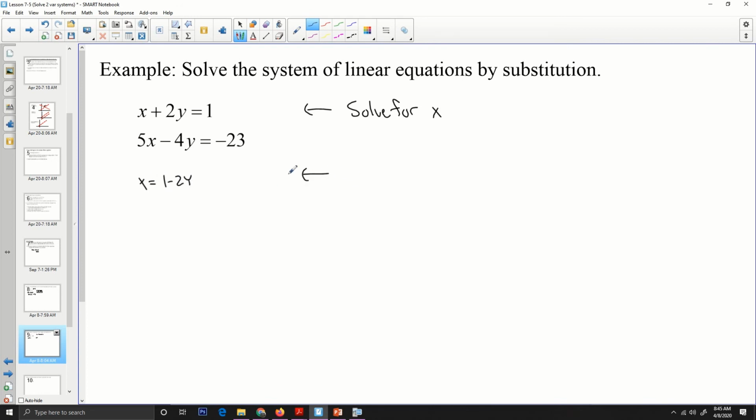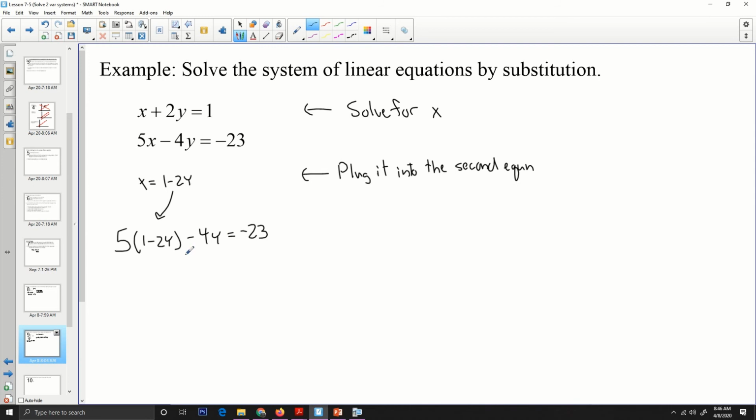And so here I'm going to take this new solution and I'm going to plug it into the second equation. I'm going to take this, it's a 5, and so I'm going to replace the x with this expression here. It's going to be 5 times 1 minus 2y, minus 4y equals negative 23.